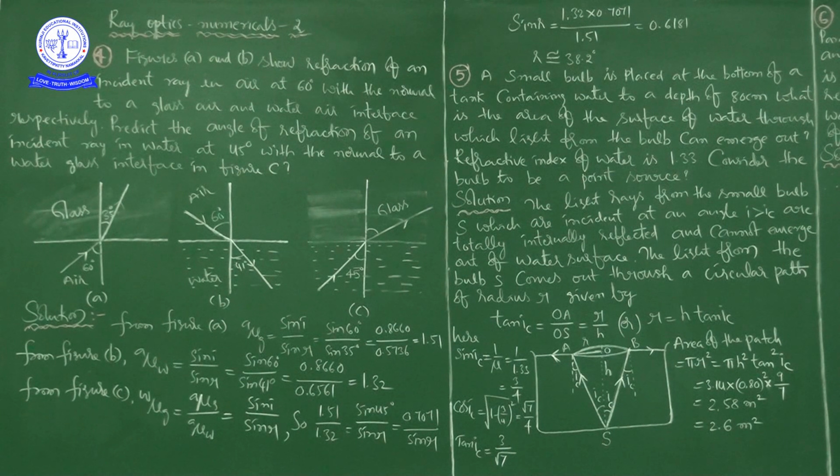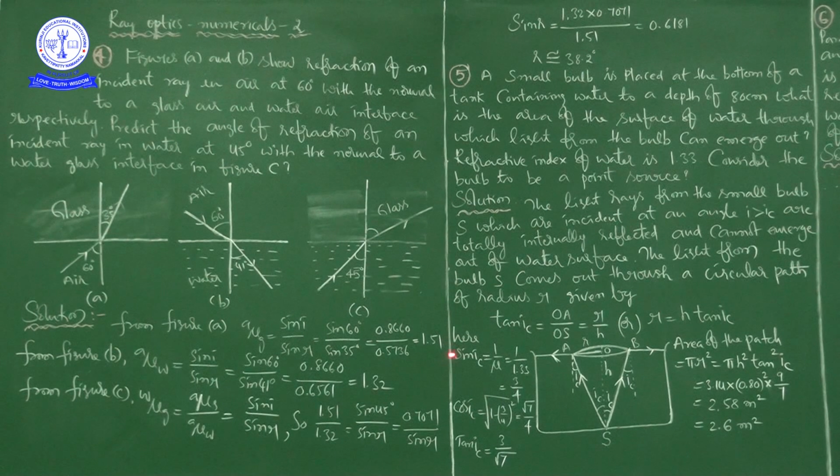So here tan i_c is equal to OA by OS. OA is r and OS is h. From this relation you can write r is equal to h tan i_c.